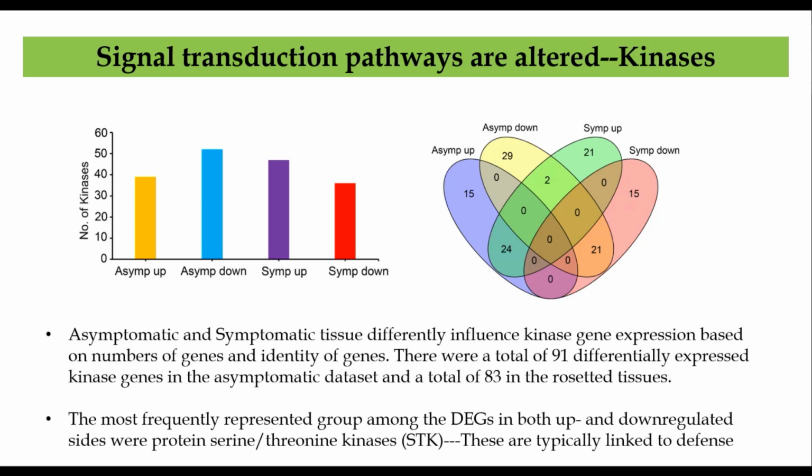So these are the number of kinases. If you look at the Venn diagram, you can also see that they are not common; they're actually unique kinases, which are differentially expressed upon Rosette virus infection. Most of these kinases are protein serine threonine kinases, which are typically linked to defense responses.